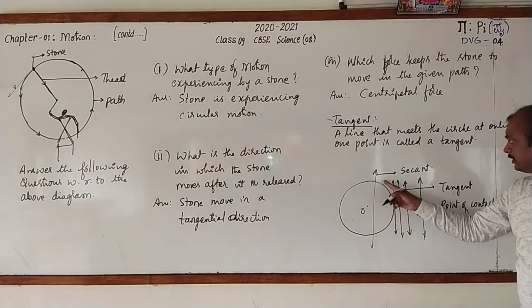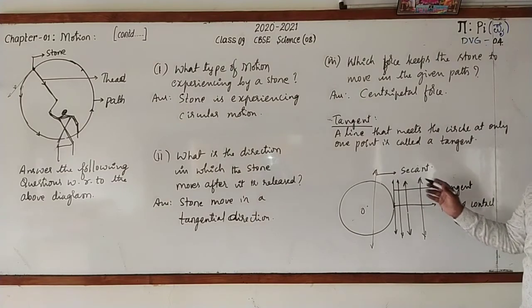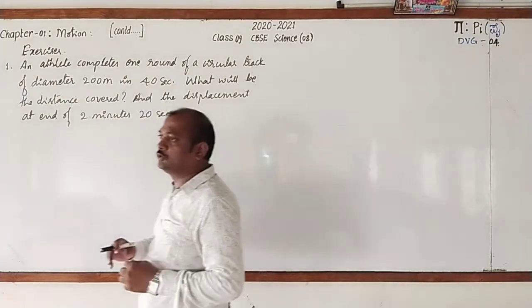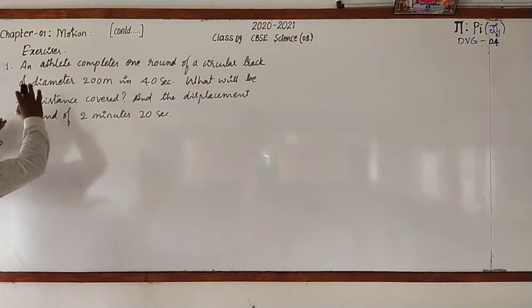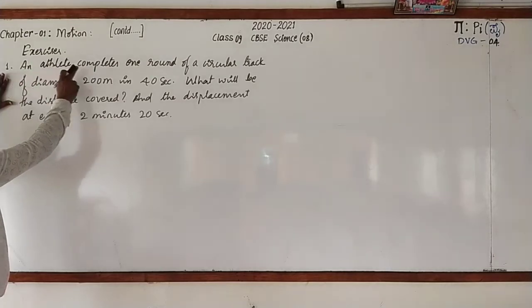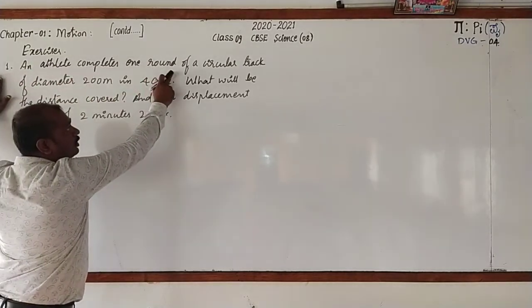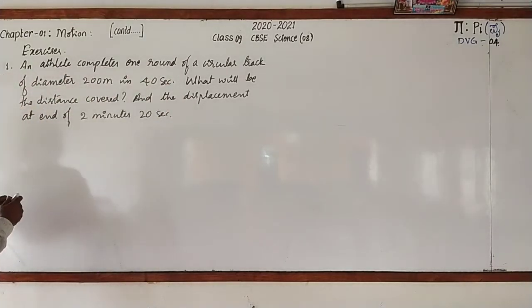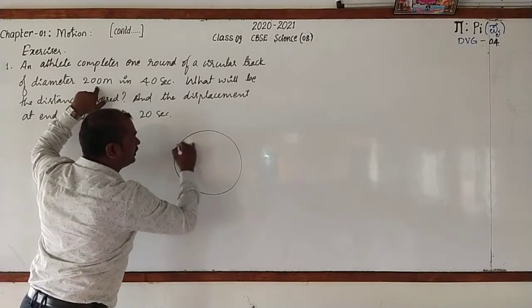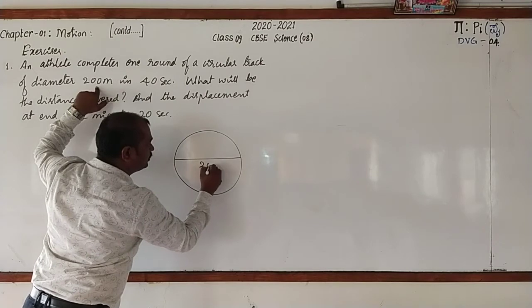Then draw this figure and mark all these. Okay, quickly. Yes. Now let's move on to the very first question. Observe it. In the exercise, the first question is this: an athlete completes one round of a circular track of diameter 200 meter. This is the diameter, 200 meter.